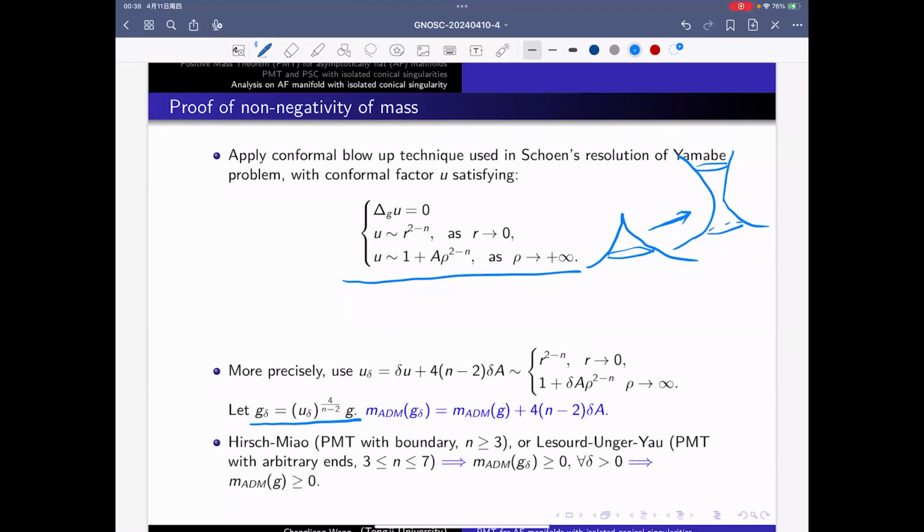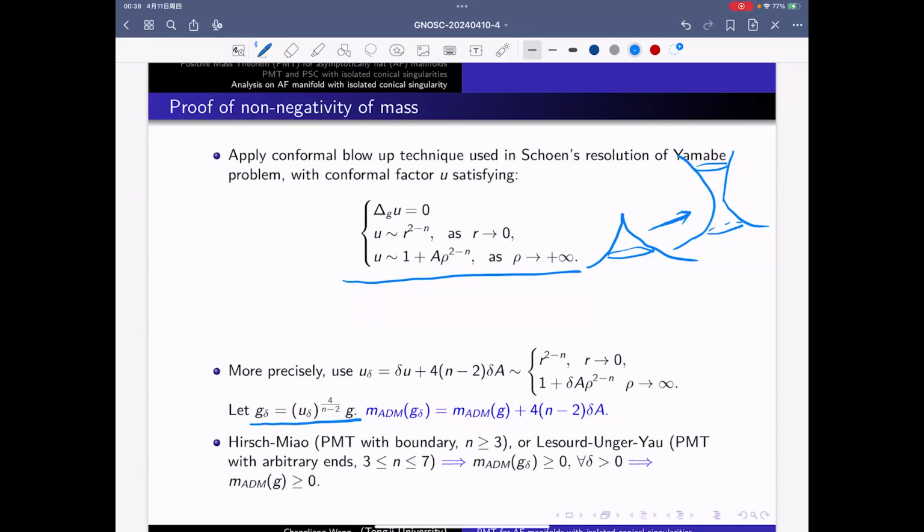After we do this, we can directly get the positive mass theorem from Schoen-Yau's result, or Hirsch-Miao's positive mass theorem with boundary.